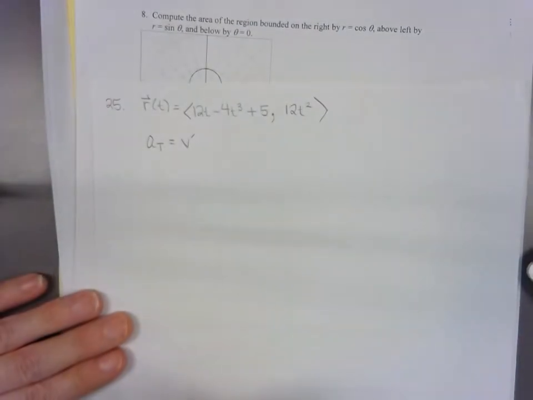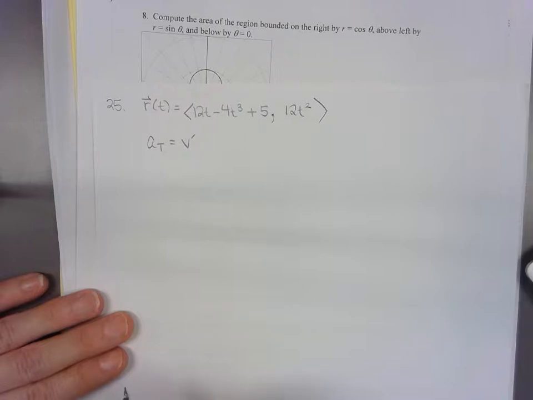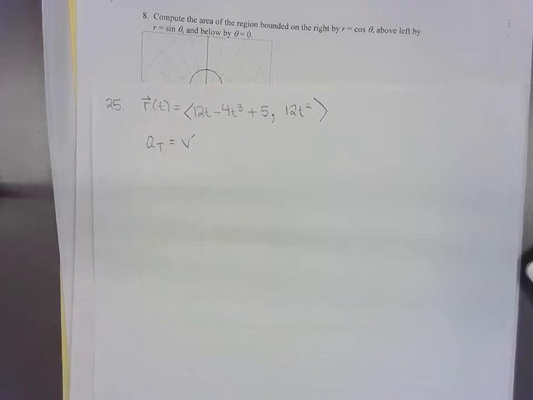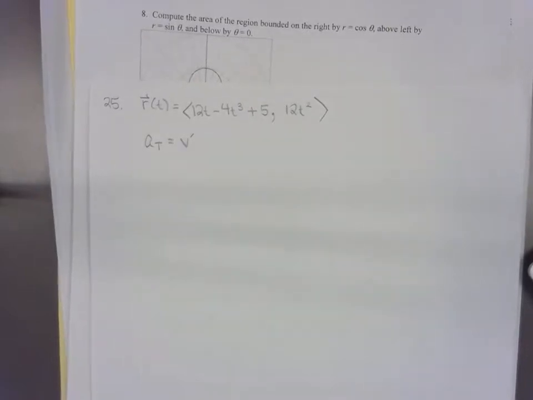So the first equation says A_T equals v prime. And this tangential and normal is the same as when you were asked to find T and B. Well, T, N and B are vectors. A_T and A_N are scalars.